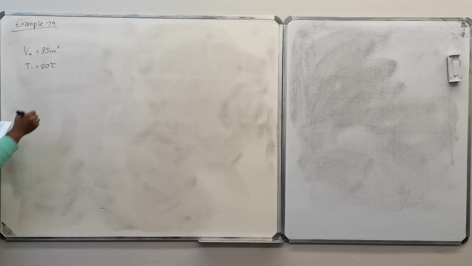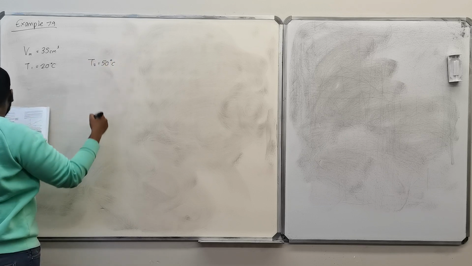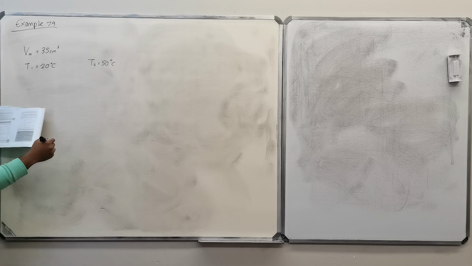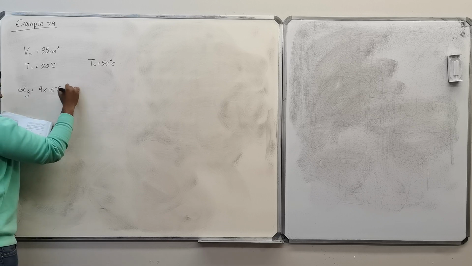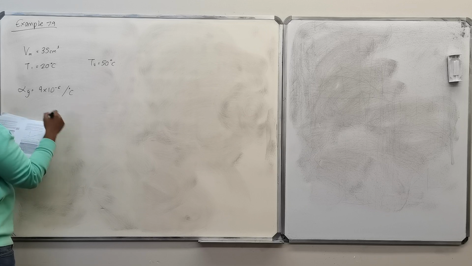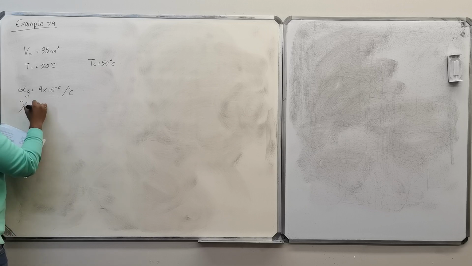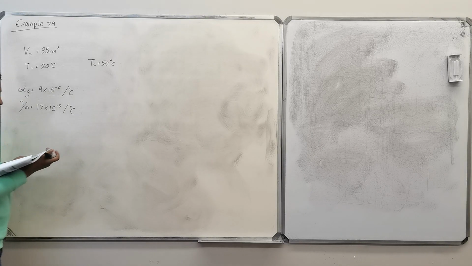The temperature is increased to 50 degrees Celsius, and the linear expansion coefficient of glass, the glass tube that it's in, is 9 times 10 to the minus 6 per degree Celsius, and the volumetric expansion of mercury is 17 times 10 to the minus 5 per degree Celsius. Calculate the volume that will overflow. What do you think, guys?